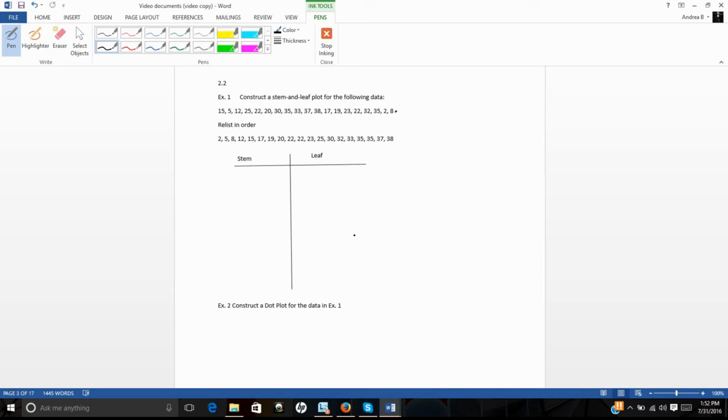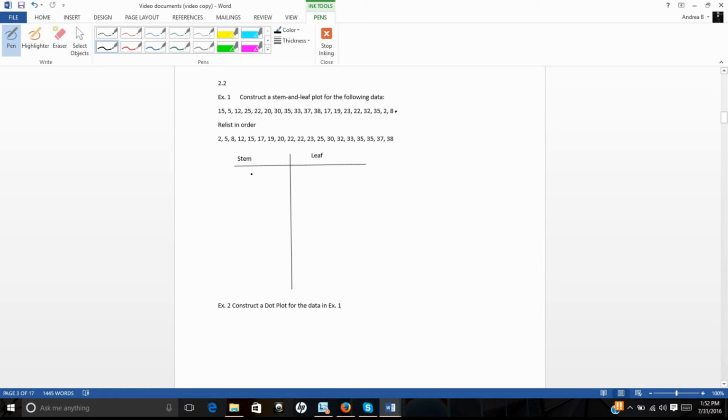After you get them listed in order, to do your stem and leaf plot, the stem, when you're dealing with a 2-digit number anyway, has to do with the number that is in the tens digit. If there is no number in the tens digit, for instance the 2, then you would have a 0 for the stem.